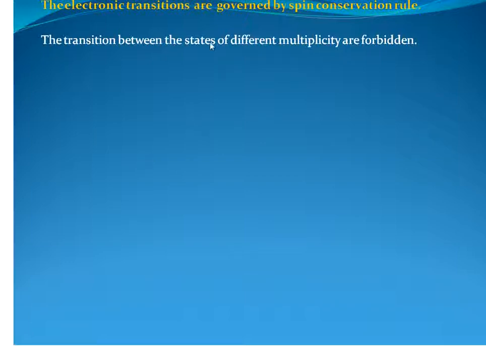So we can extract this statement here: the transition between states of different multiplicity is spin forbidden. In other words, different multiplicity means moving from singlet to triplet, or from triplet to singlet, or vice versa. That one is spin forbidden.